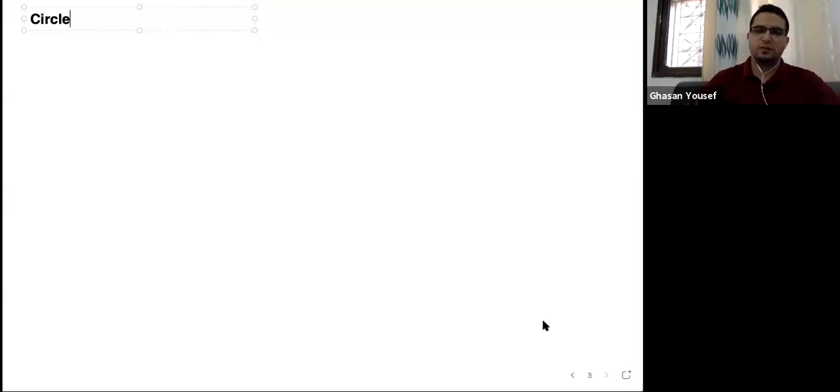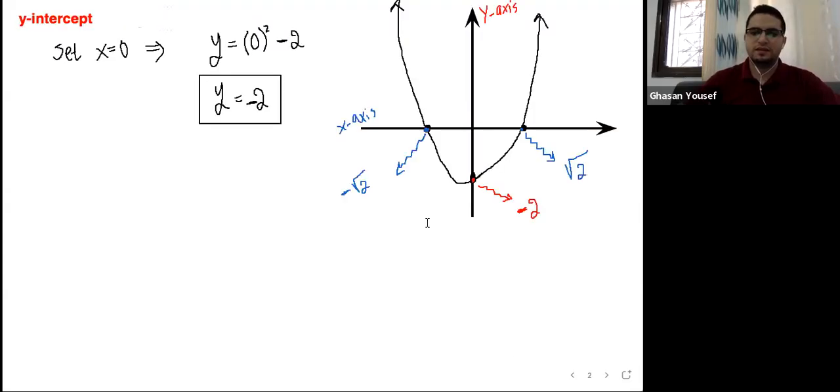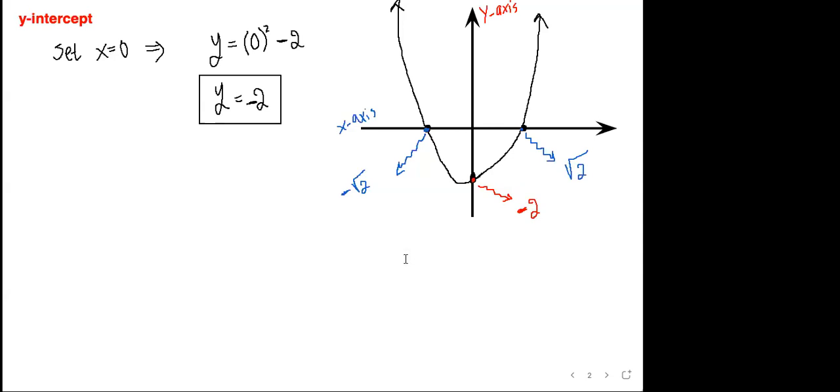If you want to graph x squared by using plotting points, as we learned last time, you take random points for the x coordinate. For the x, you plug it inside the equation, then you get the y value for the y coordinate. Then you get some ordered pairs, open parentheses x comma y.